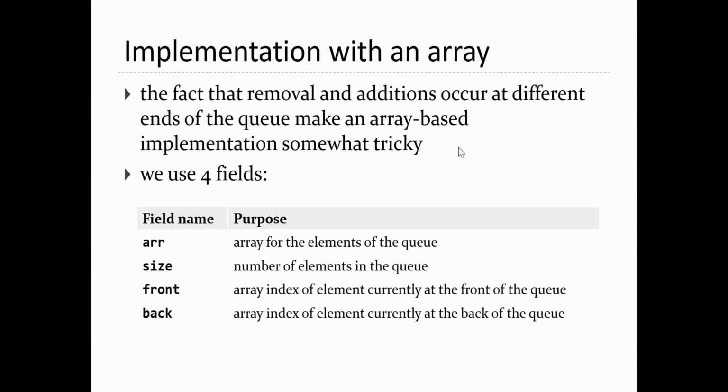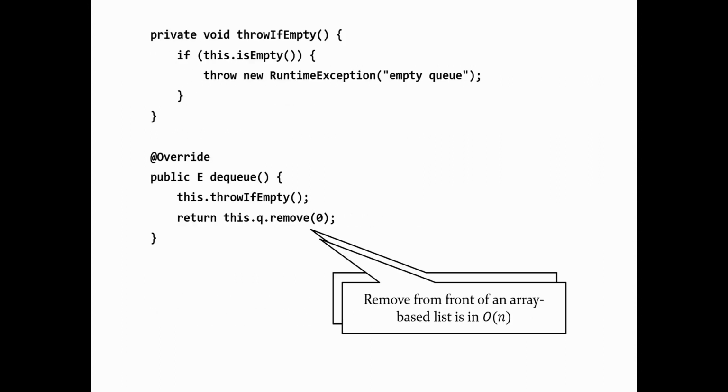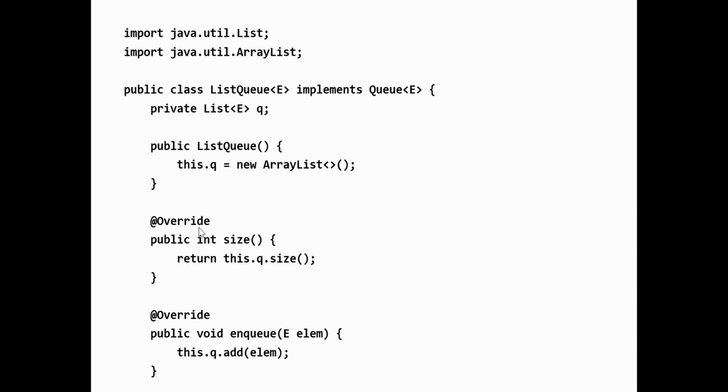Okay, so keep in mind, push. Oh, not push, sorry. So DQ we know is always big O n, because you have to move all the remaining elements forward 1 position. NQ, an array list is an array-based list. So if the array is full, then when you add a new element to the list, it has to expand the size of the array and copy all the old elements into the new array.